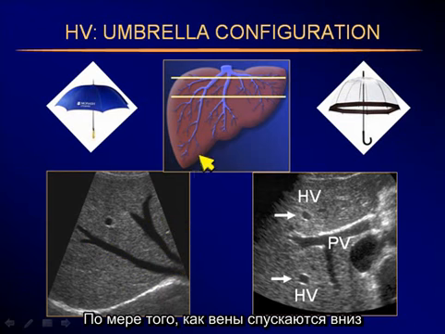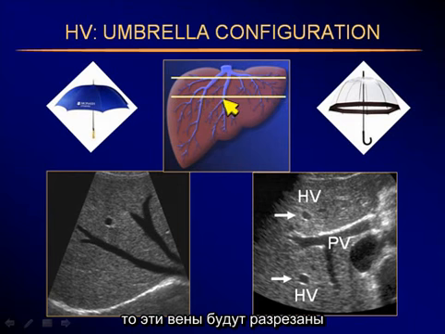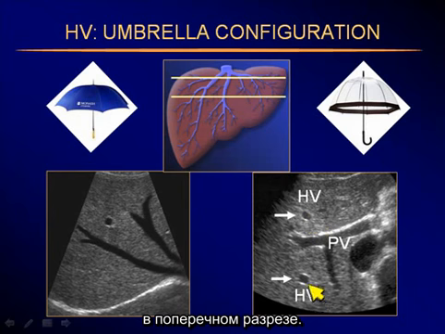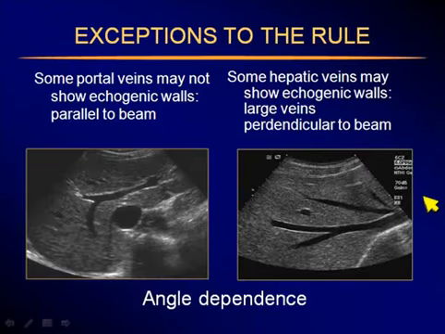Now, as the veins drop down and we take a transverse section lower, these veins will be cut and look like circles. So here is the middle hepatic vein, and here is the right hepatic vein, showing us lower in the liver as a cross-sectional configuration, which we would be doing through the spokes of the umbrella.